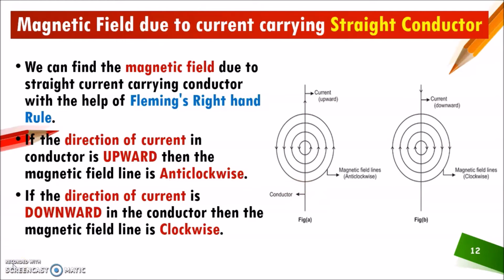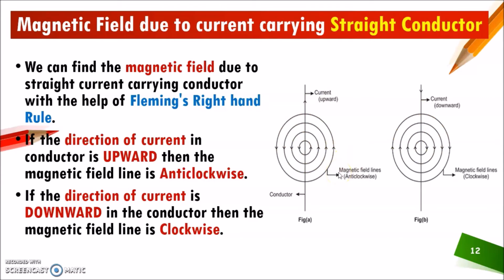And if the direction of the current is from south to north, figure A represents south to north, the deflection of the needle is towards west, in this direction. The magnetic field around a current carrying straight conductor is in concentric circles like this.